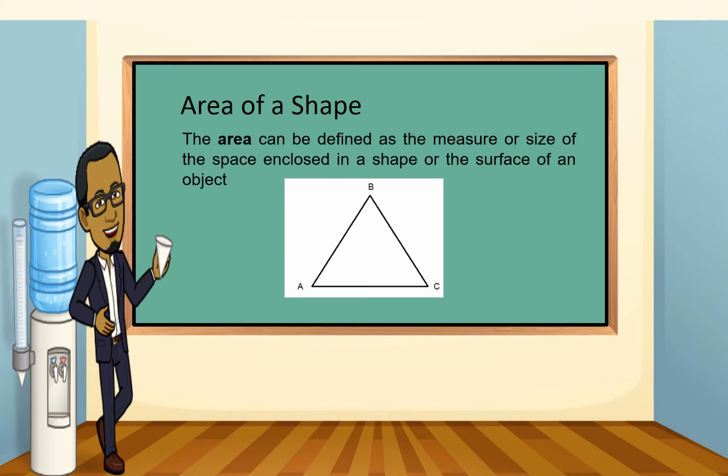Yes, area is defined as the measure or the size of the surface enclosed in a shape, or the surface of an object. Hence, we see the space enclosed in the boundary of our shape, which happens to be a triangle. This is the area of this shape.